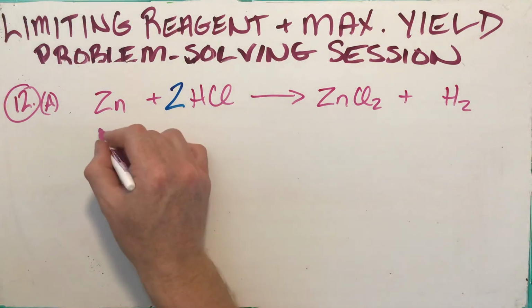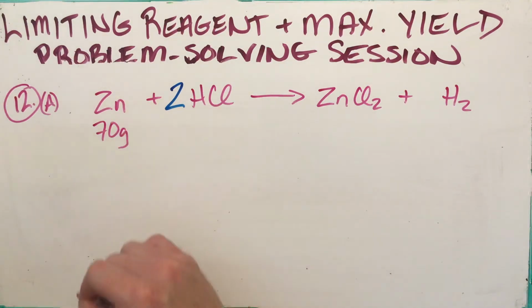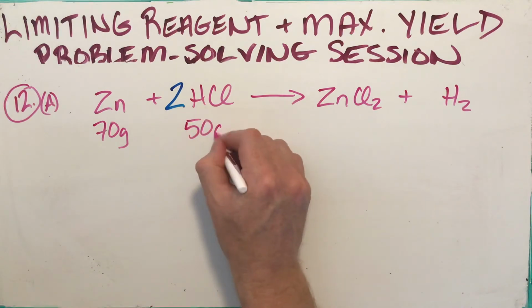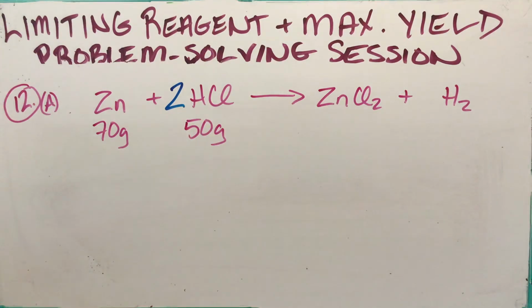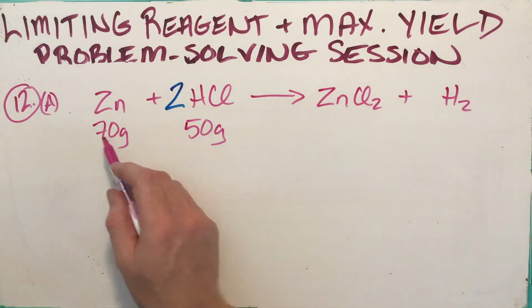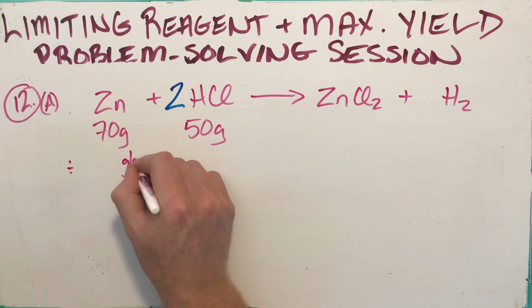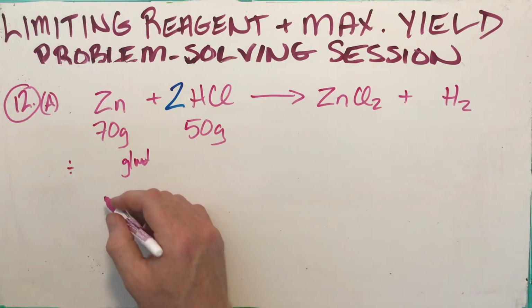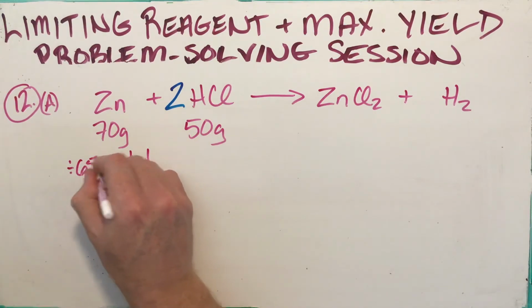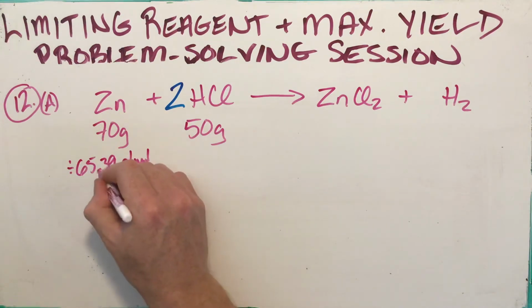B says if I have 70 grams of this and 50 grams of this, what is my limiting reagent? So again, I can't compare things in an equation with mass. I got to turn them both into moles. So I'm going to divide zinc by its molar mass, which is pretty easy on the periodic table. It's 65.39.